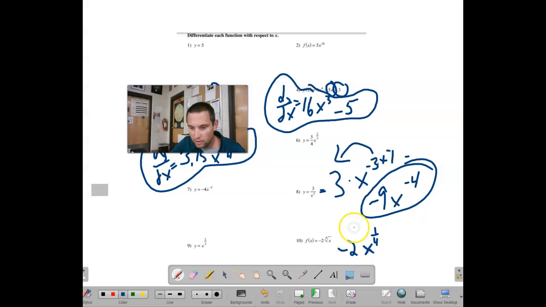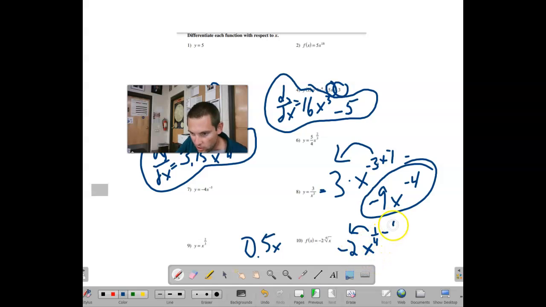Remember, the square root would be 1/2, but because this is a 4th root, it's going to be x to the 1/4, and you're going to multiply negative 2 times 1/4. And you're going to get negative 1/2 x. I'm going to write it over here, 0.5x.